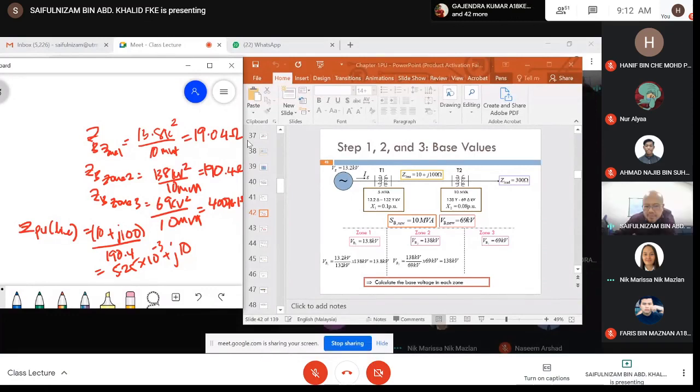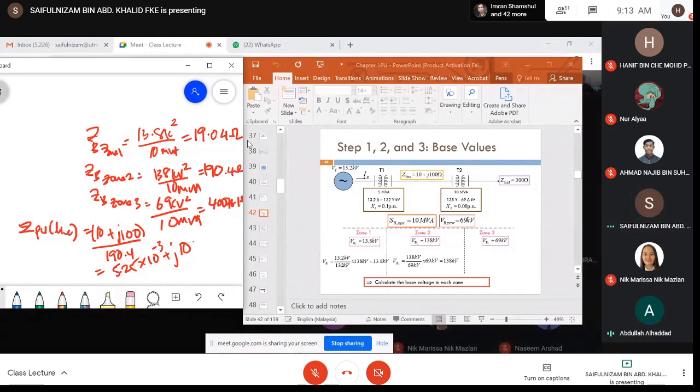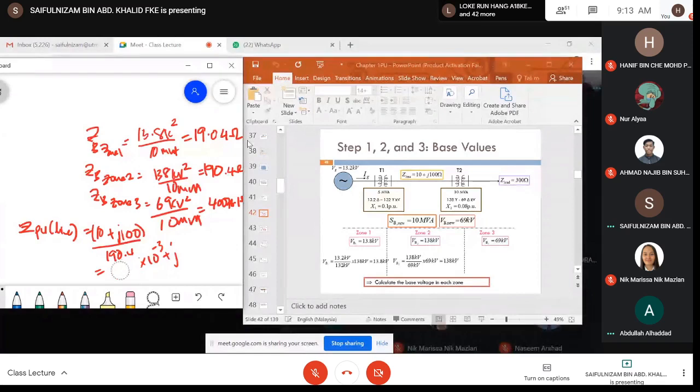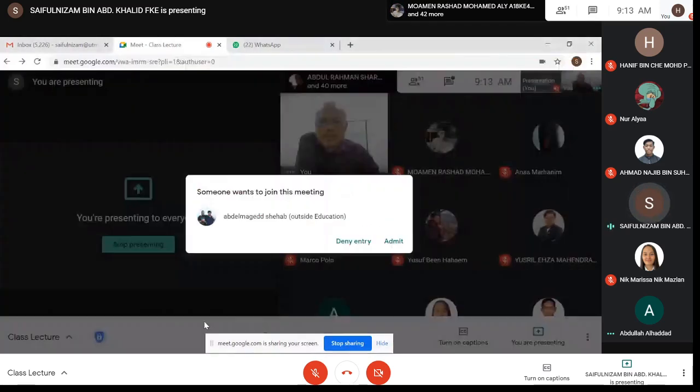So what is the imaginary value? It's 0.05 plus j0.5.